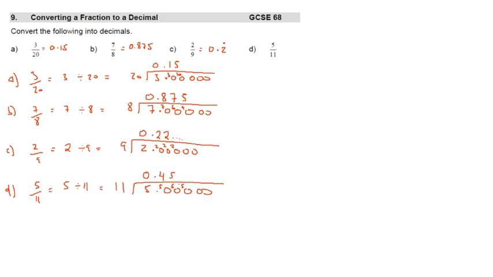See what's going to happen then? It's going to go 4, remainder 6, 5. The 4, 5 is going to repeat forever, okay? And to show that, it's 0.45 recurring, dot the 4, dot the 5, and then we are done. So I'll stop there, and I'll come back to you for questions 10, etc. Thank you.